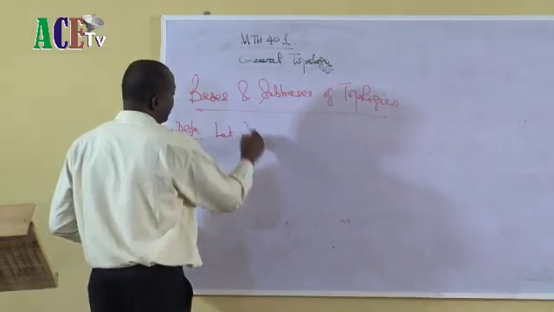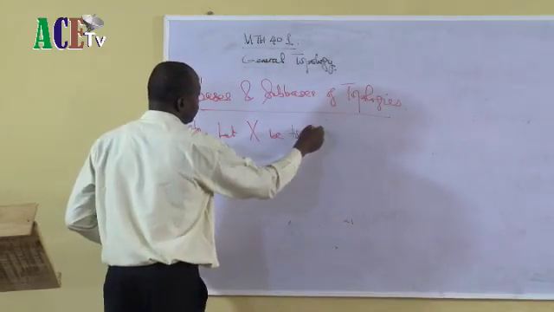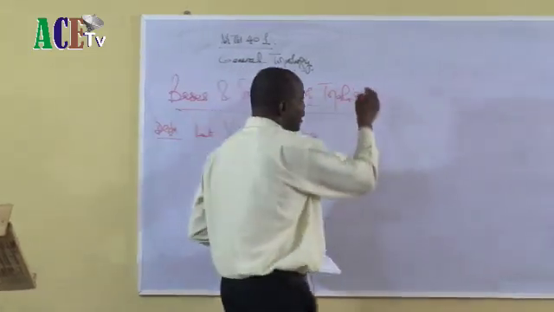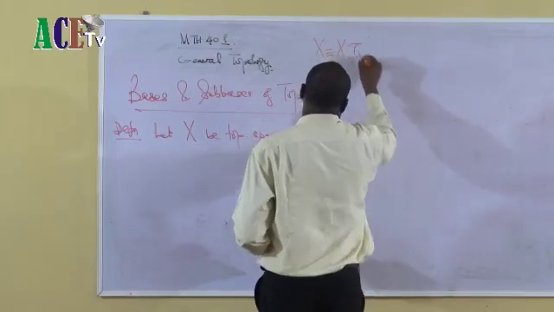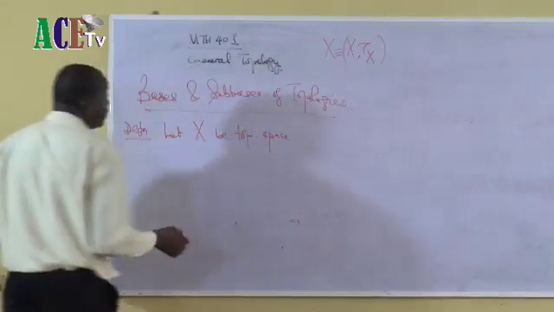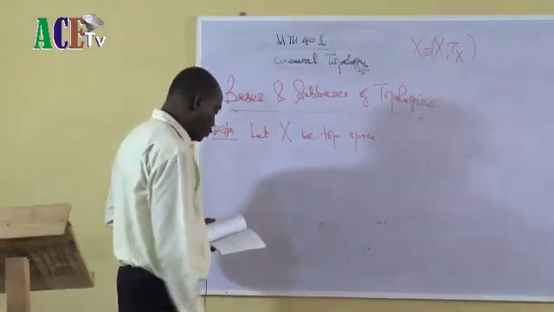Let X be a topological space. Of course, when I say X, I told you earlier that X is taken to mean a pair of X with its topology. That's when it is called a topological space.